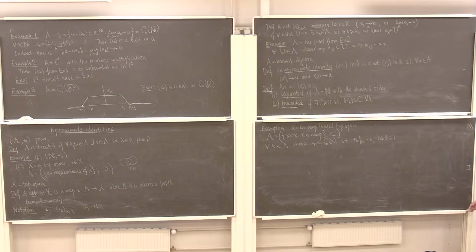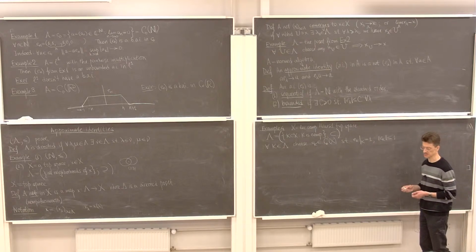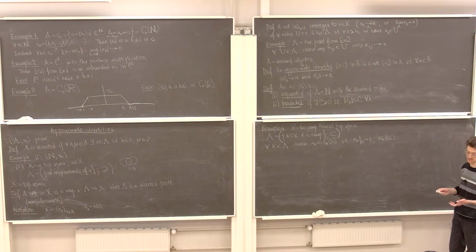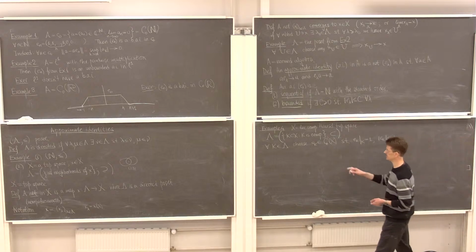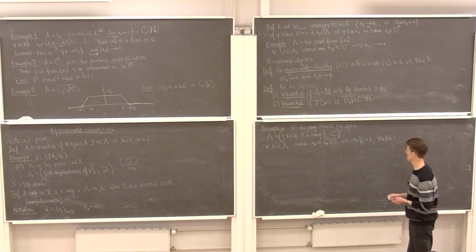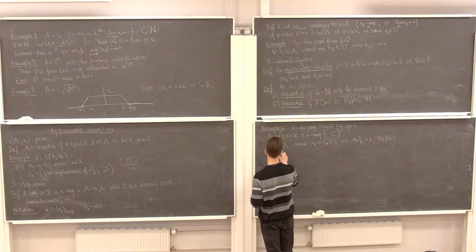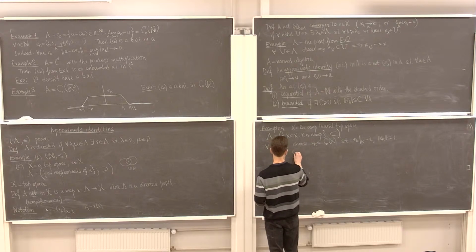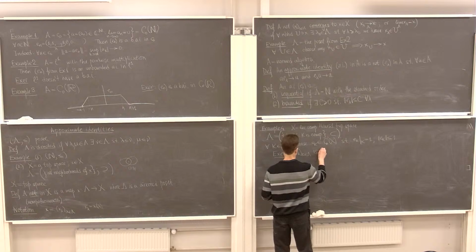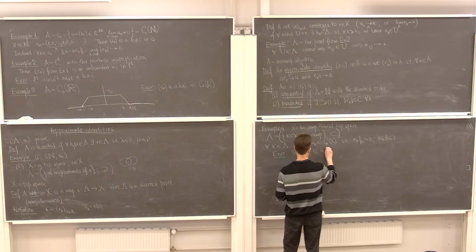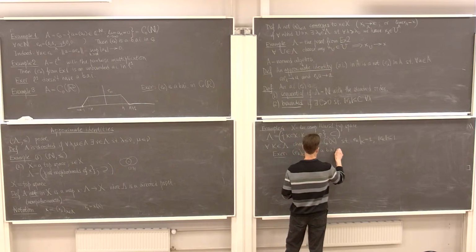The existence of such a function easily follows from Urysohn's lemma. Actually, we can take a compactly supported function with this property. Then again, a simple exercise is to show that ek is a bounded approximate identity in C0 of X.